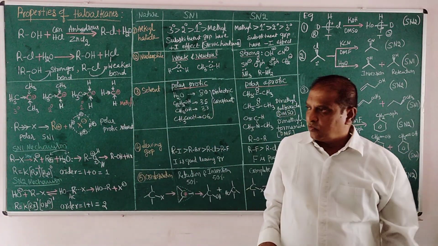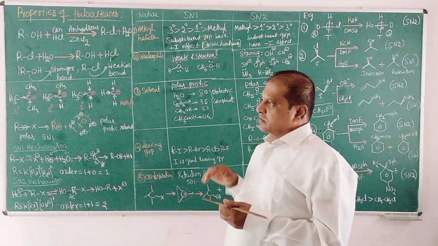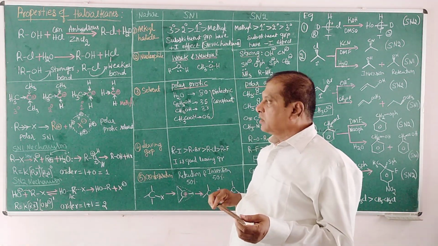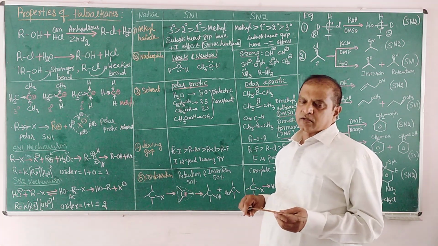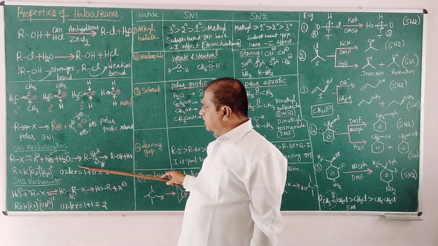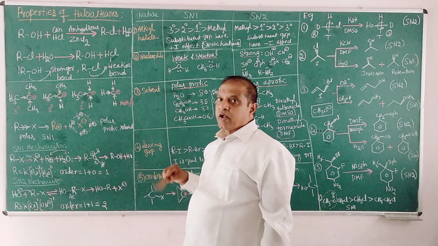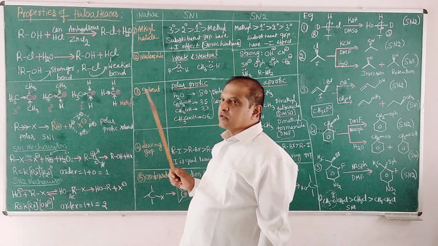SN1 mechanism and SN2 mechanism. Now why are the mechanisms different even though the reactions are the same? It depends on some factors. Some factors will favor this reaction, some other factors will favor that reaction. What are the factors?